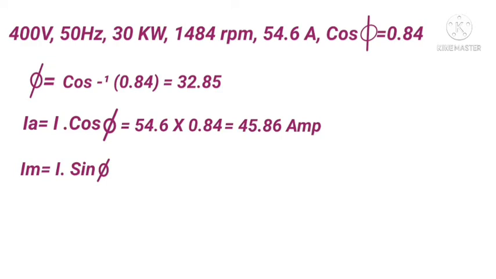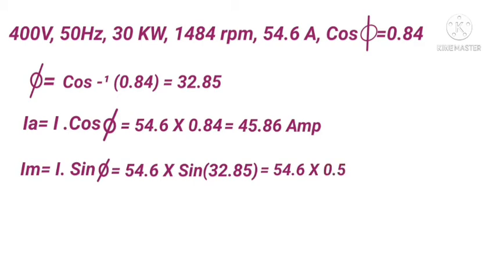So by putting the values, I, which is again the rated current, 54.6 multiplied by sine of 32.85, it becomes 54.6 multiplied by 0.542, which comes to 29.59 ampere.